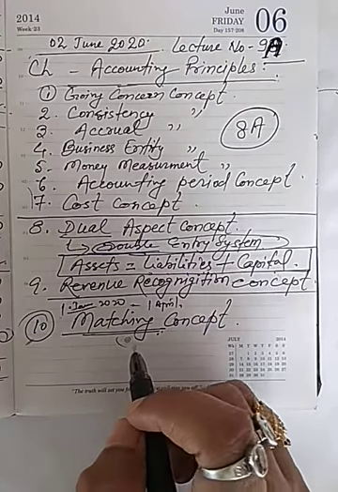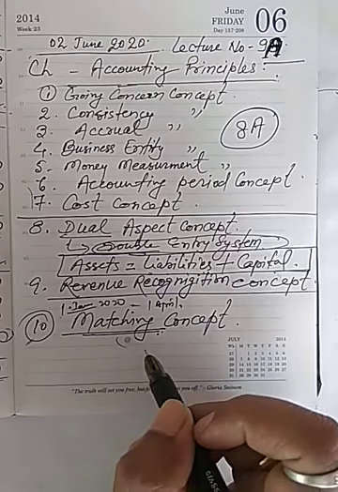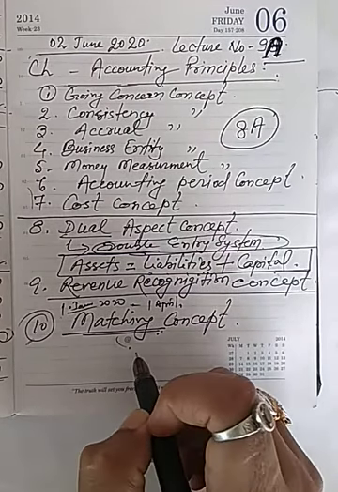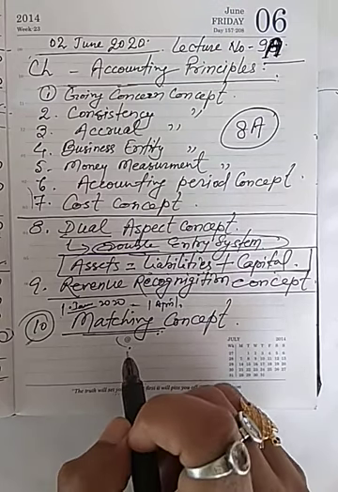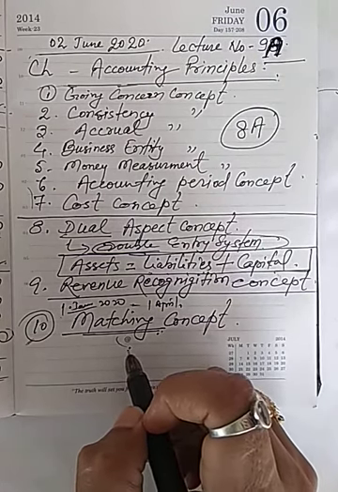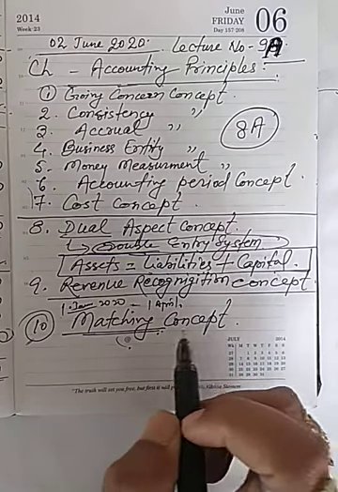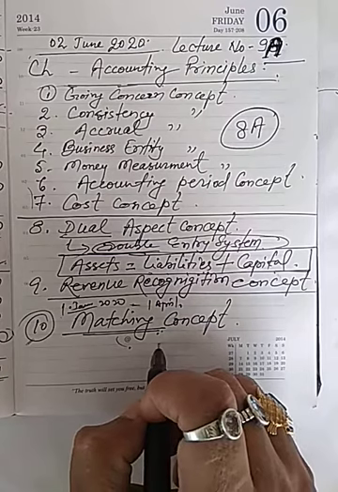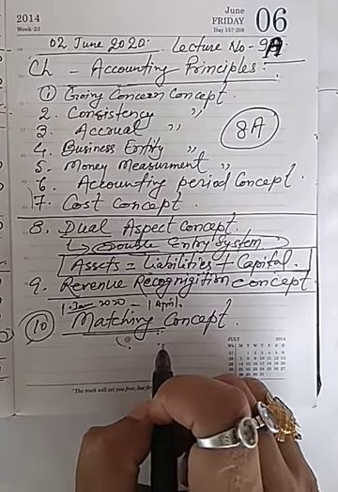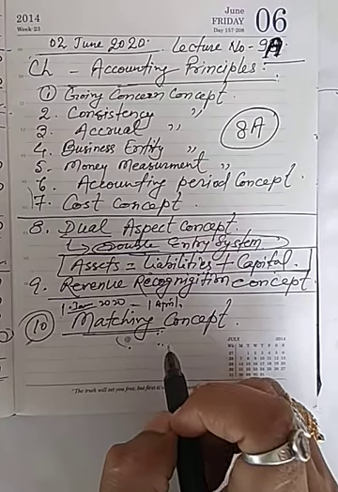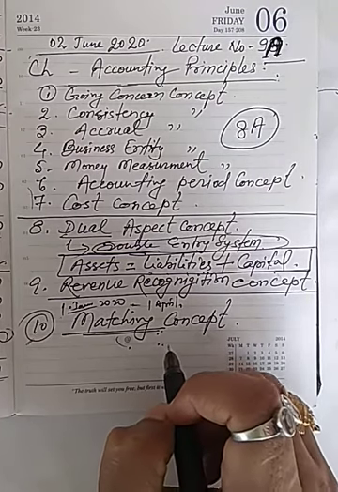When an item of revenue is included in the profit and loss account, all expenses incurred on it, whether paid or not, should be shown as expenses in the profit and loss account on the basis of the principle.